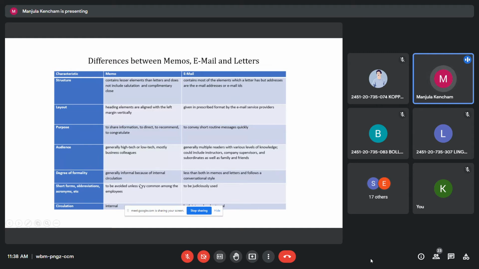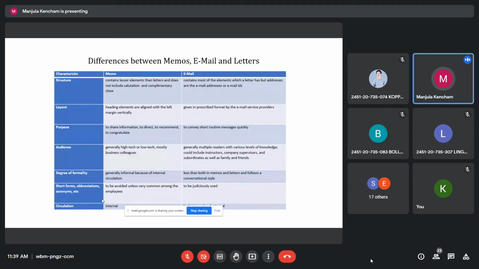Degree of formality is informal because of internal circulation, less than both memos and letters, and follows a conversational style. But sometimes people depend on emails as a major means of circulation. In that case, they do maintain the degree of formality. They don't write as though they are talking to someone, but they have some style and tone that matters, as a very formal way of writing.